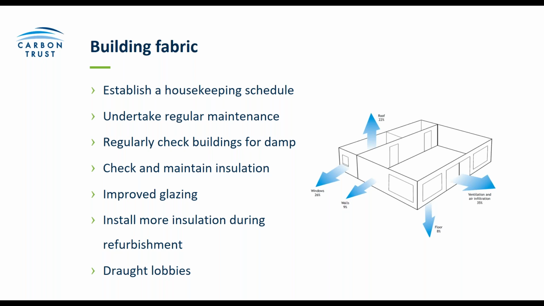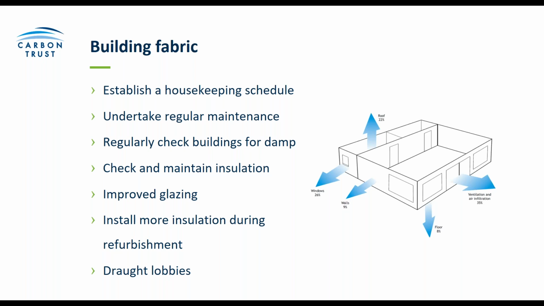Similarly, make sure that you check and maintain the quality of insulation around things like hot water storage and distribution pipework. Improving glazing, specifically if you don't already have double glazing, then quite often that can result in a significant reduction in the heat that's being lost.